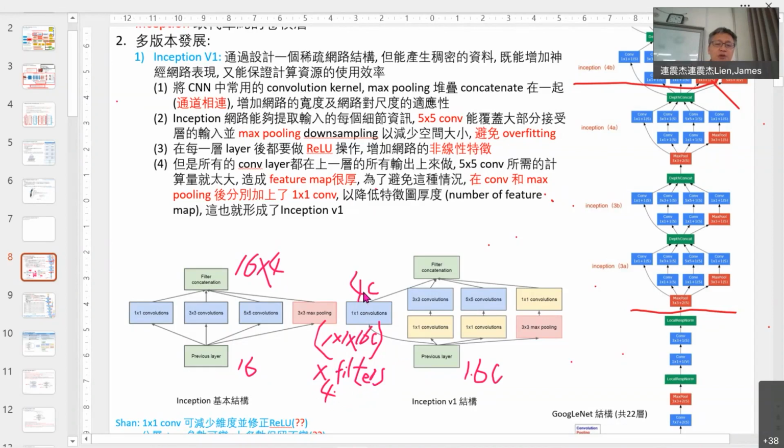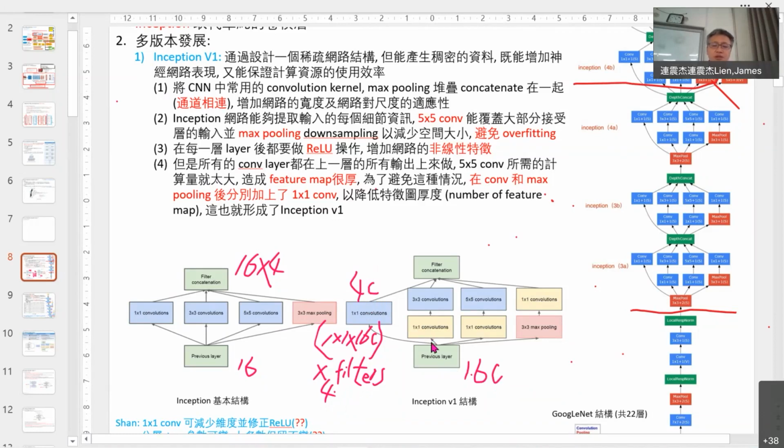That's meaning the output here will become 4 maps. So you will find one by one filter is only 1 pixel, but it cross over 16 pixels. And total it goes through the entire image, become 1 map. And total you have 4 filters, for example. So you have to create 4 maps here. So you will reduce from 16 channel become 4 maps, or 16 maps become 4 maps.